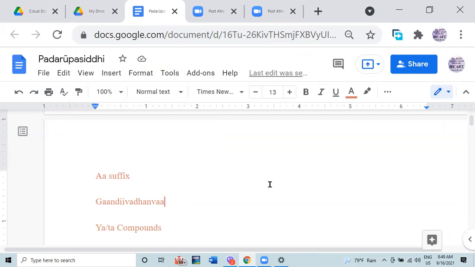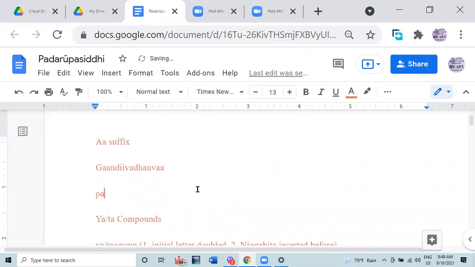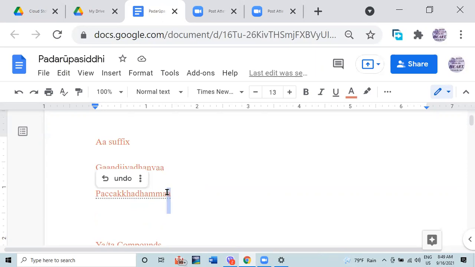And another word is Pachakadama. Pachakadama, Pachaka and Dhamma. So it ends in a, and this ending in a is asapis.